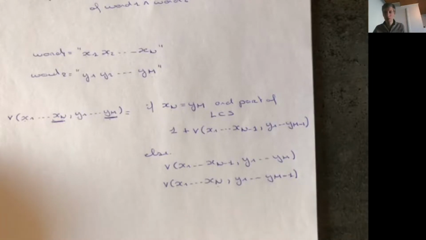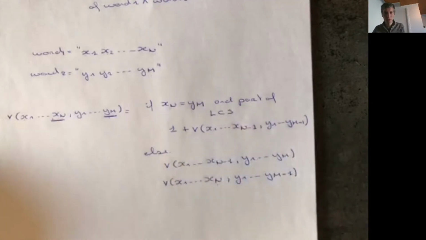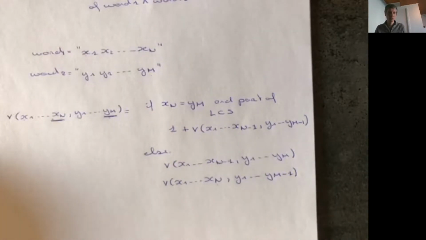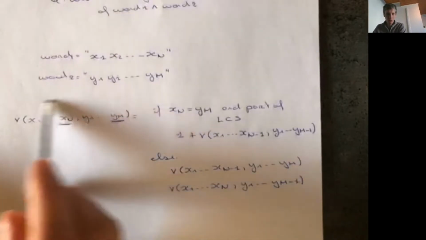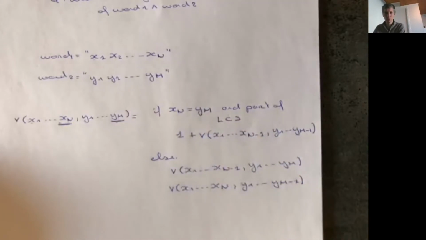Basically there are three cases. Either the last letter is the same and they're part of the longest common substring, or xn is not part of the longest common substring, or ym is not part of the longest common substring. And of course, because here I take the longest one, I have to take the maximum of these three cases.